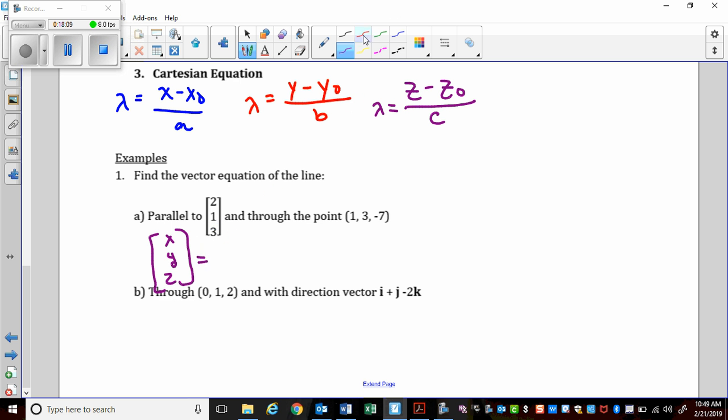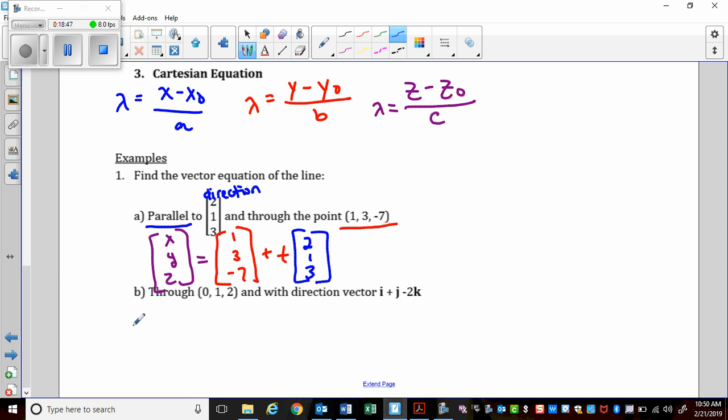Equals my initial position, which is 1, 3, negative 7, plus T times my directional, which is the 2, 1, 3. Parallel, this is my direction. 2, 1, 3. There it is.